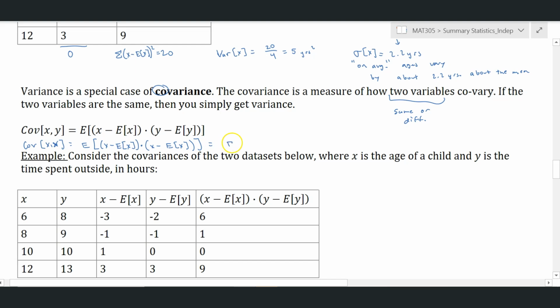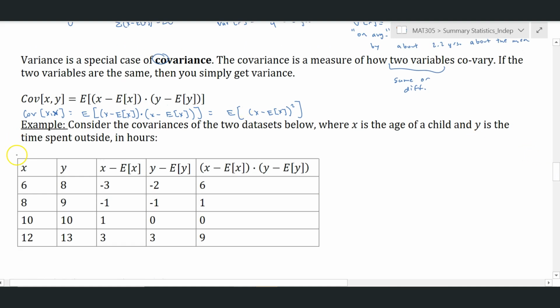And so notice that this is just the expected value of x minus the expected value of x squared. Okay, so that's the special case of covariance where the variable is the same. Usually we were interested in covariances between two different variables, but variance itself is a useful measure.